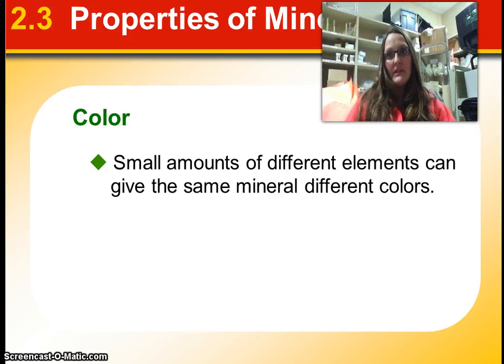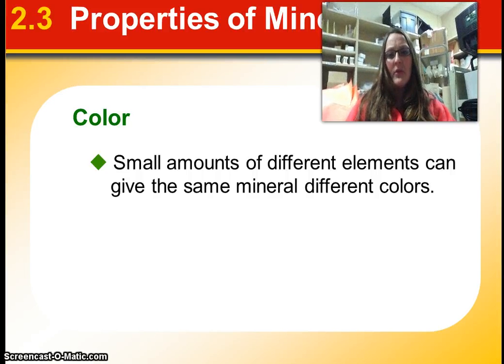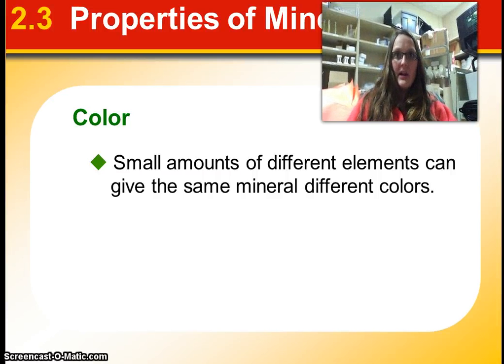And then there's lots of different colors for one mineral. So quartz has like 3 or 4 different colors that you can find it in nature. And when you're finding just the white version of quartz, there's like 5 things in a typical mineral box that are all white. Same thing with grays and blacks. There are tons and tons of minerals that are gray and black. So color is rarely a good indicator to use.